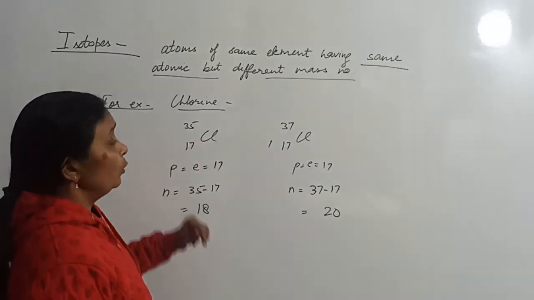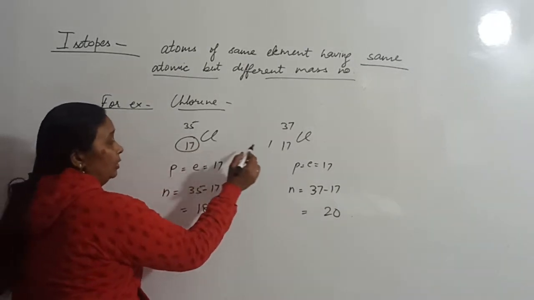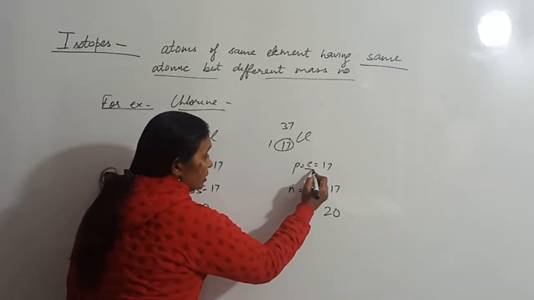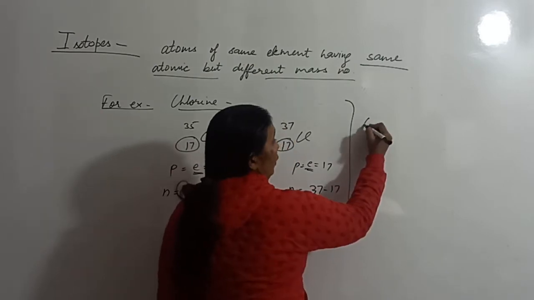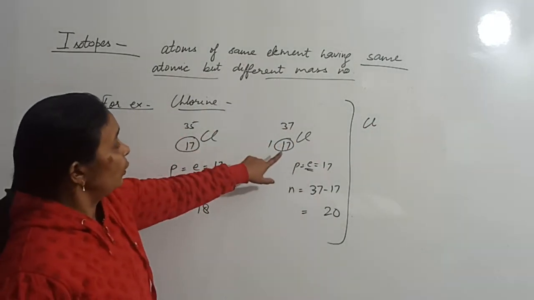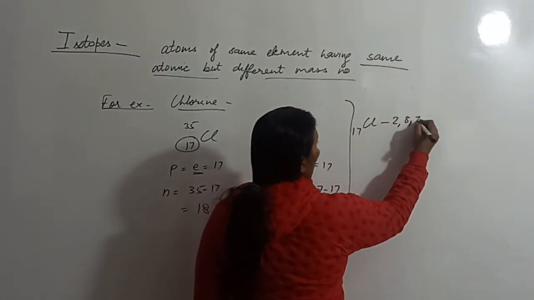Now since isotopes have the same atomic number, they have the same number of electrons, so they have the same electronic configuration also. Like chlorine 17-35 and chlorine 17-37, both of them will have electronic configuration 2, 8, 7.